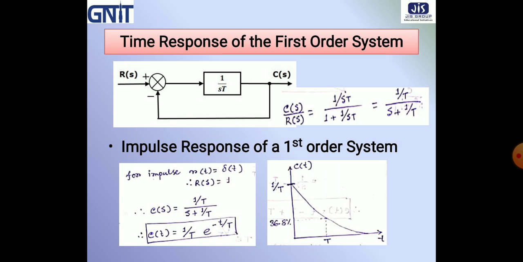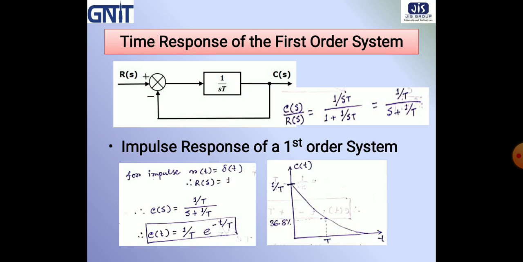Now moving to the time response of the first order system. Why is it called first order? If we consider this example, this forward path transfer function, we can see there is only one pole, and the highest power of the denominator is 1.